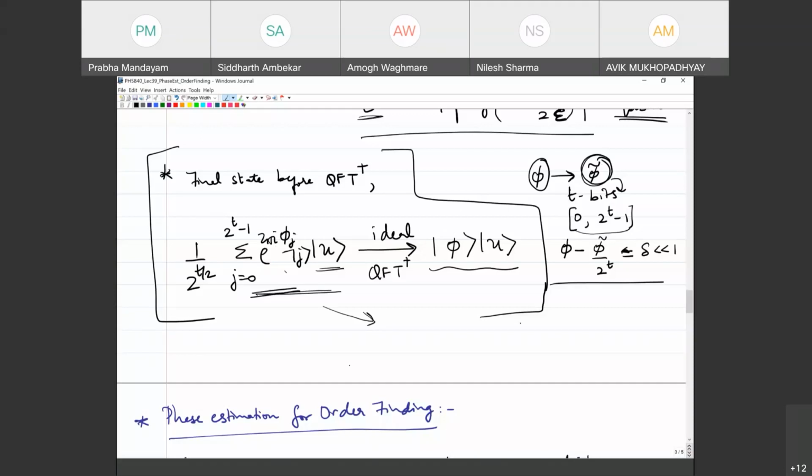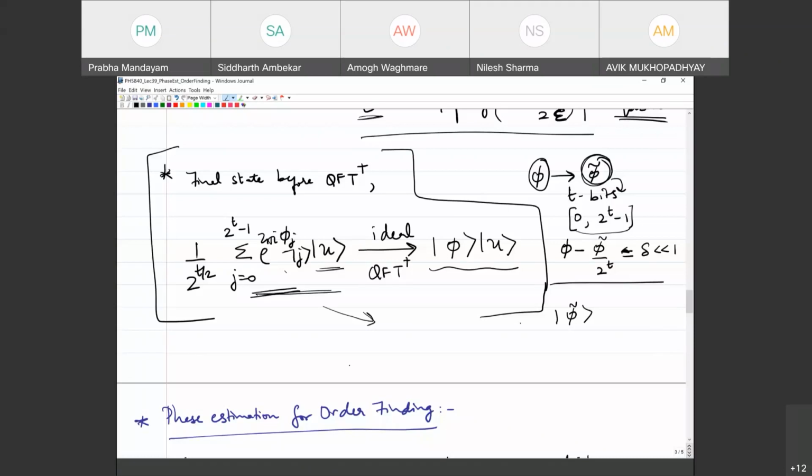So I do the inverse Fourier transform on this phi tilde, and that can be represented as some superposition of all the t basis states. Then I can try to shift them by some amount.